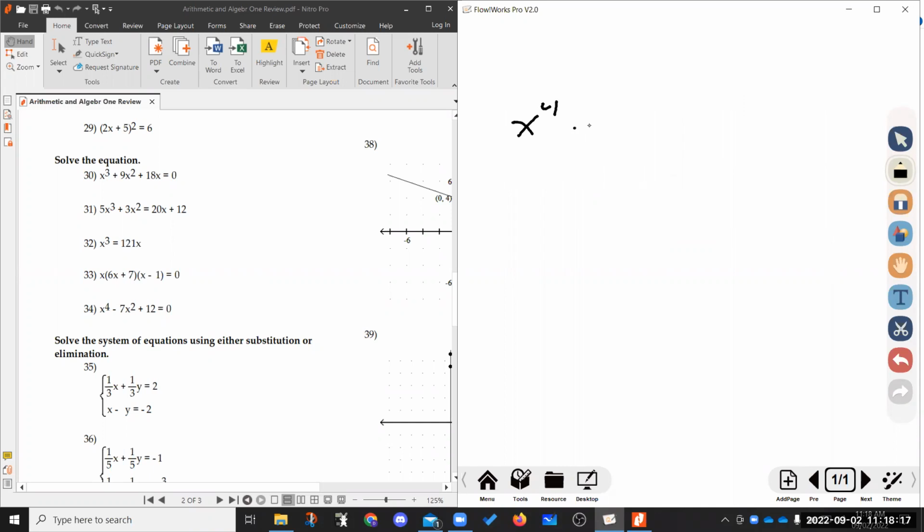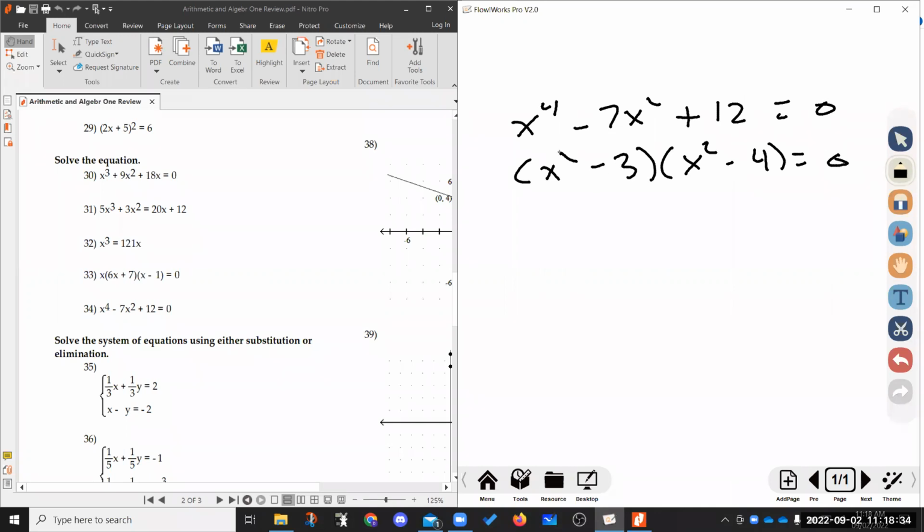x⁴ - 7x² + 12 = 0. Factors of 12 that add to be -7 are -3 and -4. These are both difference of squares still. (x + √3)(x - √3)(x + 2)(x - 2).